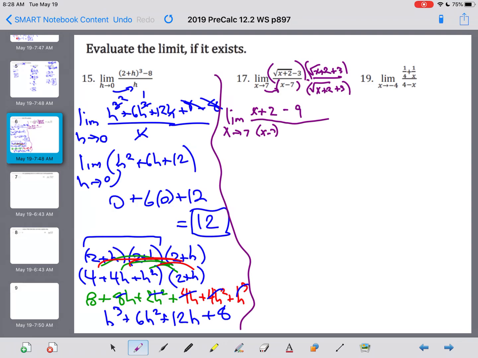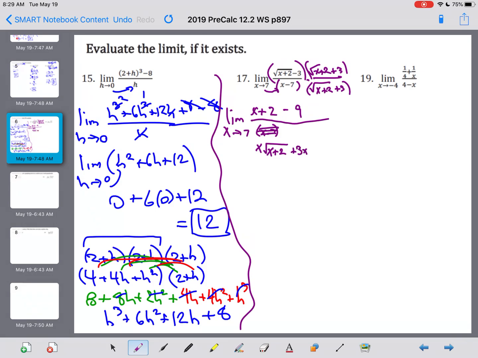And if I FOIL that out, I'm going to get x plus 2, plus 3x.